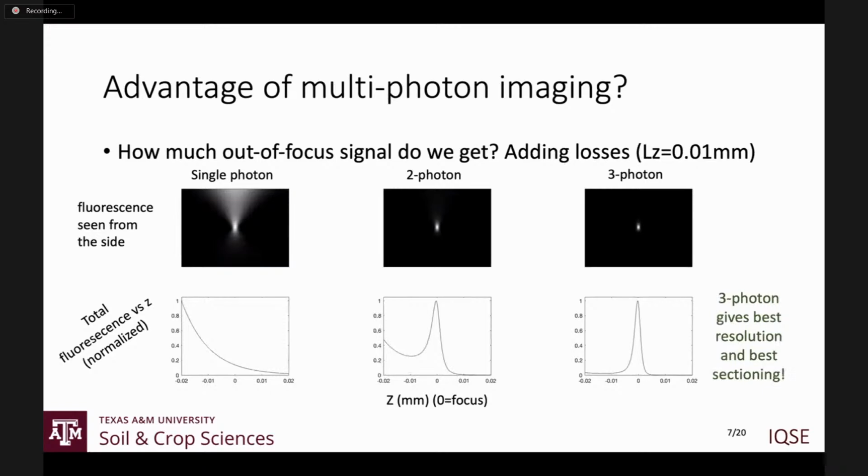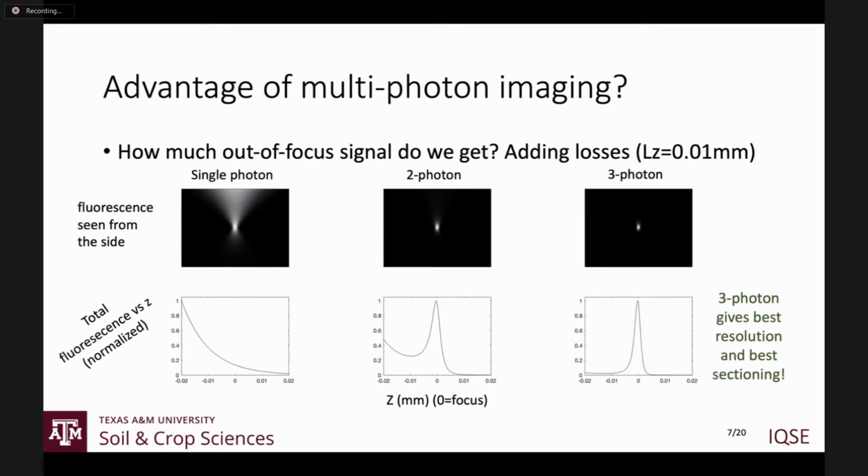Here is one other advantage when you go to multiphoton excitation: you suppress the out of focus signal even when you add losses.